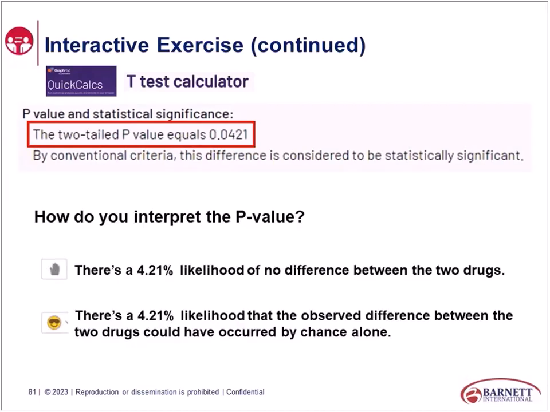Now that we know what it is, how do we interpret the p-value? One happy face, two happy faces. Great, yes, exactly. You got it. A 4.1% likelihood that the observed difference between the two drugs could have occurred by chance alone. You'll notice in the previous example we had a p-value of 0.0146 in that acne example.